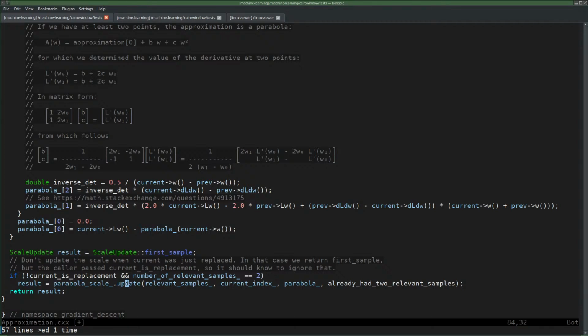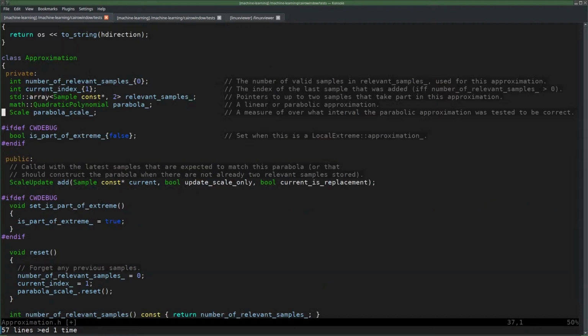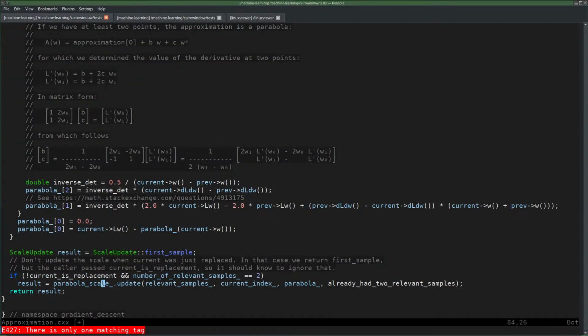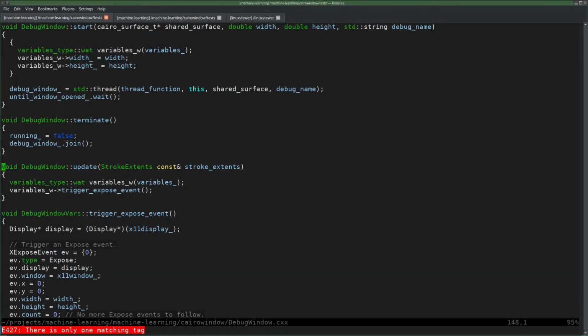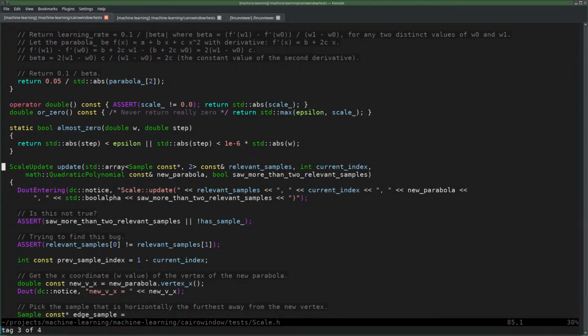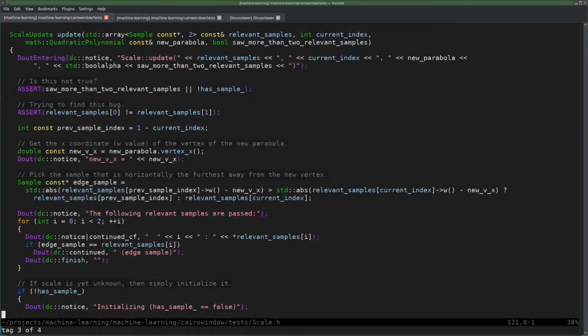Parabola scale. What this is just scale. Calling update on scale, which is this one, and then the x-coordinates of the vertex of the new parabola. No, not really new in this case.